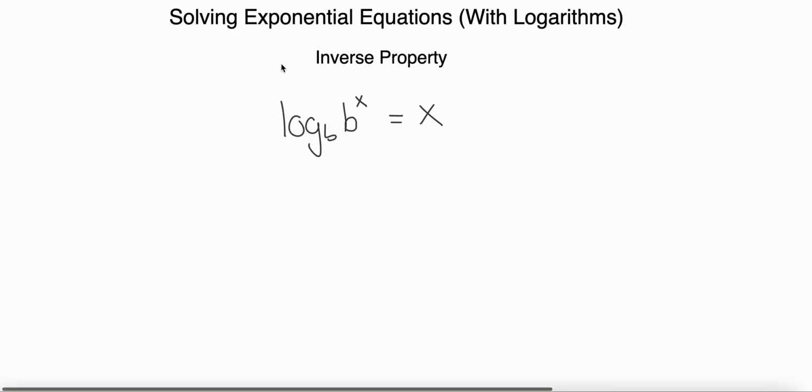Let's get started. The first one we're going to be looking at is 3 to the b equals 17. Now we want to utilize this property here. So if we can take the log of both sides with a base of 3, then we can undo this exponent right here.